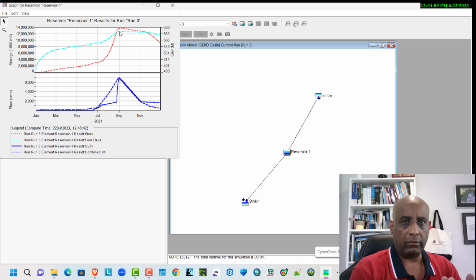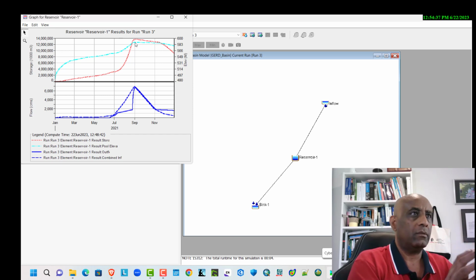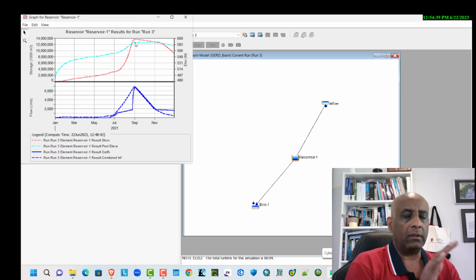Still, you need to know to run it manually and be able to interpret everything, as a hydrologist. One has to have the knowledge of both. This is a tool. It can't replace a hydrologist, I can say.